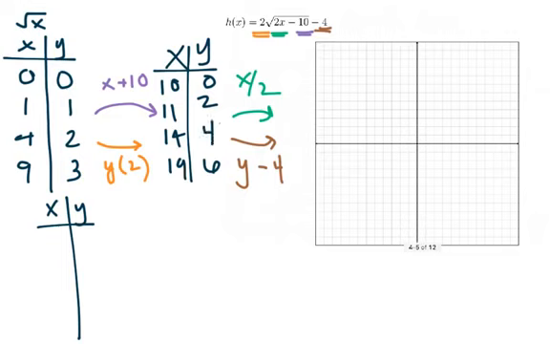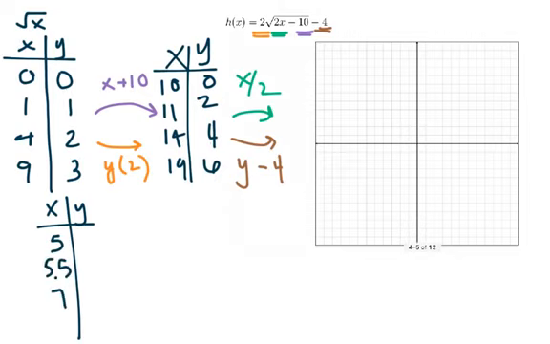Then I'll do my horizontal shrink right here by dividing my x values by 2. So 10 divided by 2 is 5. 11 divided by 2 is 5.5. 14 divided by 2 is 7.